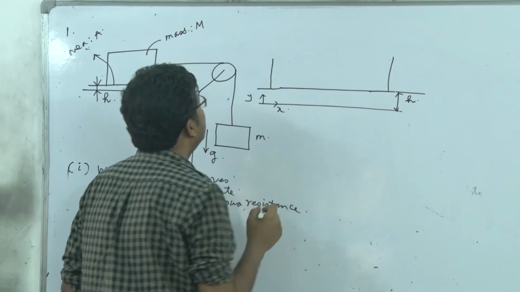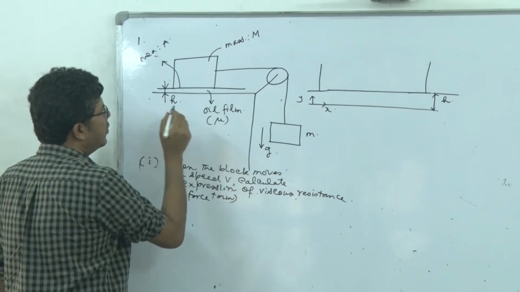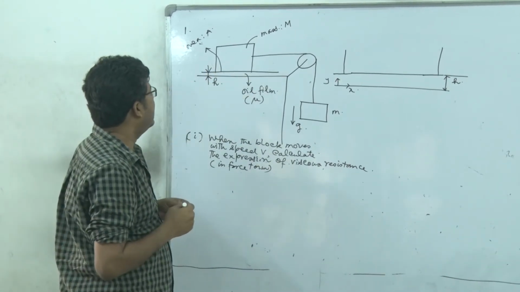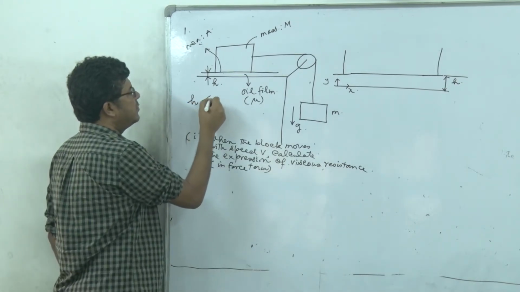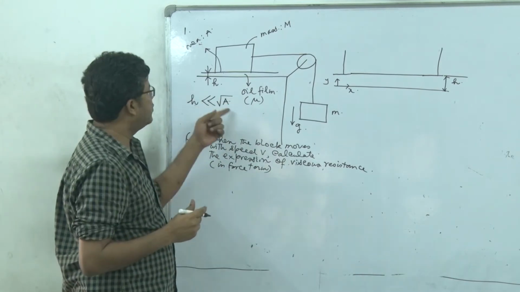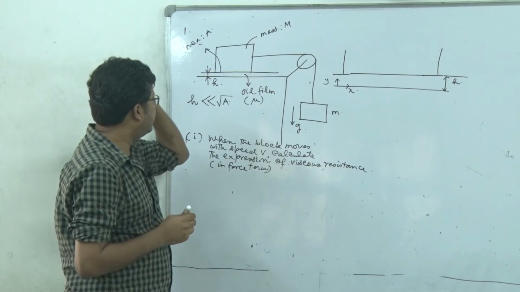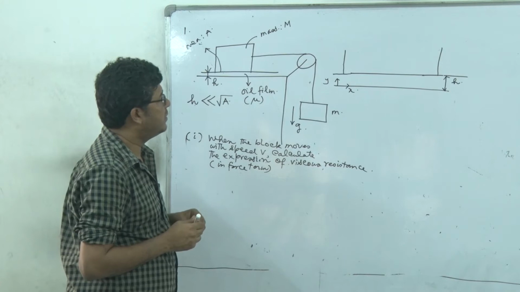The oil film thickness is pretty low compared to the characteristic dimension of the system, the square root of area. So we can write that h is much smaller than the square root of A.